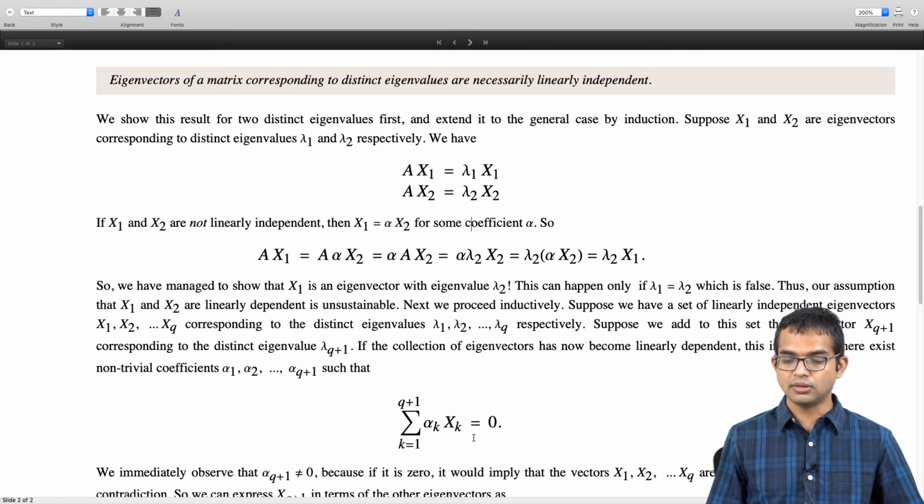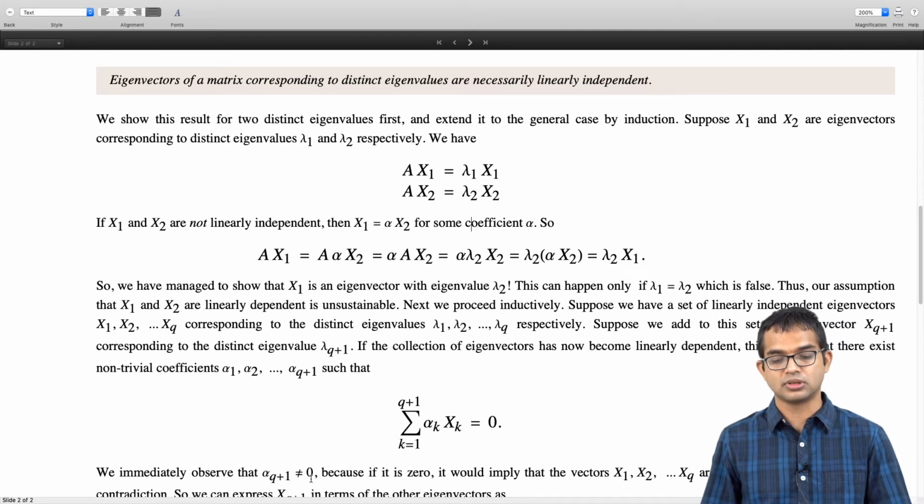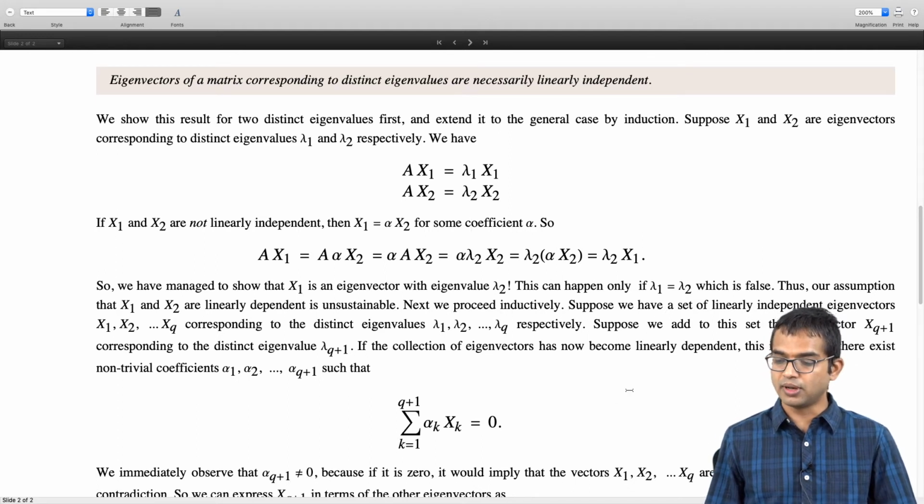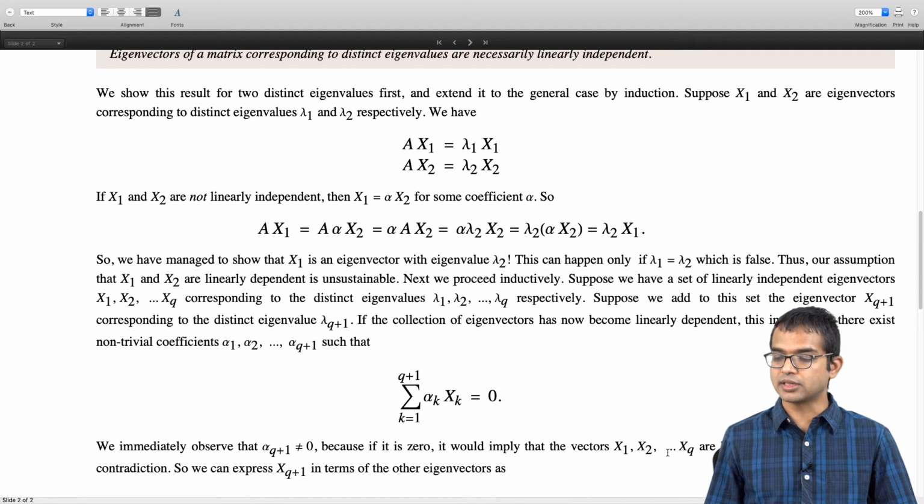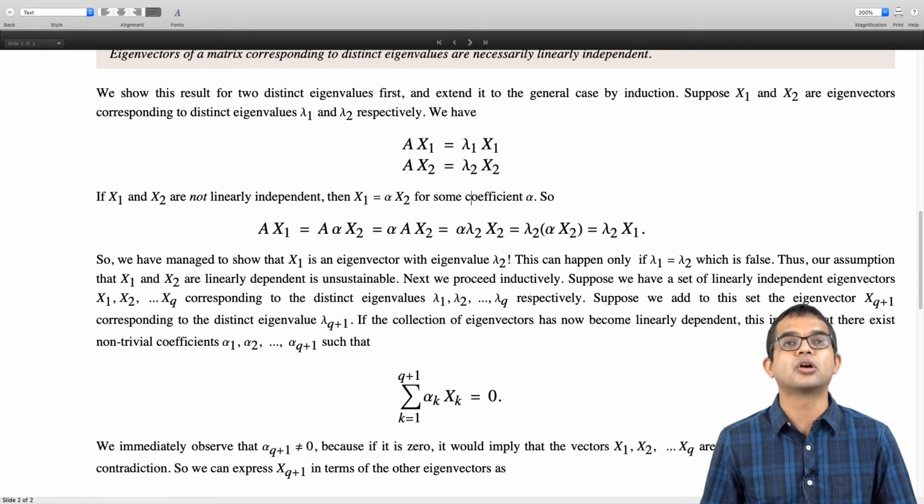Now immediately we observe that the coefficient alpha q plus 1 cannot be 0, right? If it is 0, then it would imply that these vectors x1, x2 all the way up to xq are linearly dependent. So this would be a contradiction.